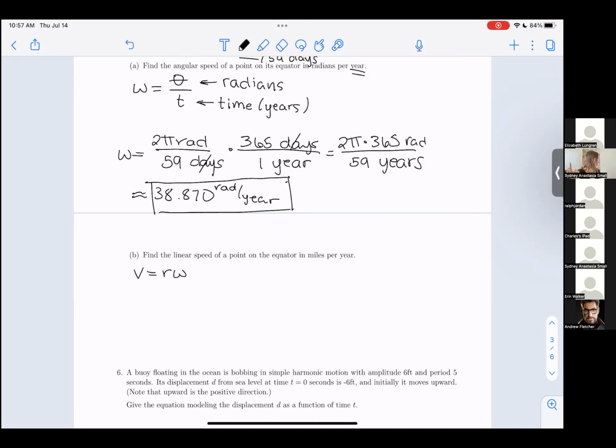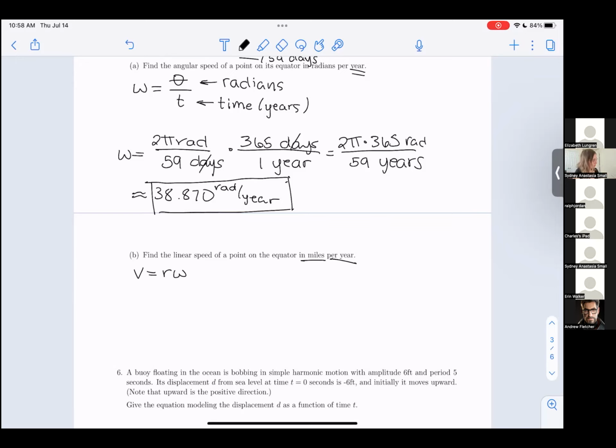However, we now want to know, okay, we need this relationship between the size of the circle we're thinking about rotating and how many times it's rotating around, because we want distance. And that makes sense because we want miles per year. We're not just talking about time anymore. We want miles per year, which does in fact concern the size of the radius because that changes the size of the circumference, et cetera, et cetera.